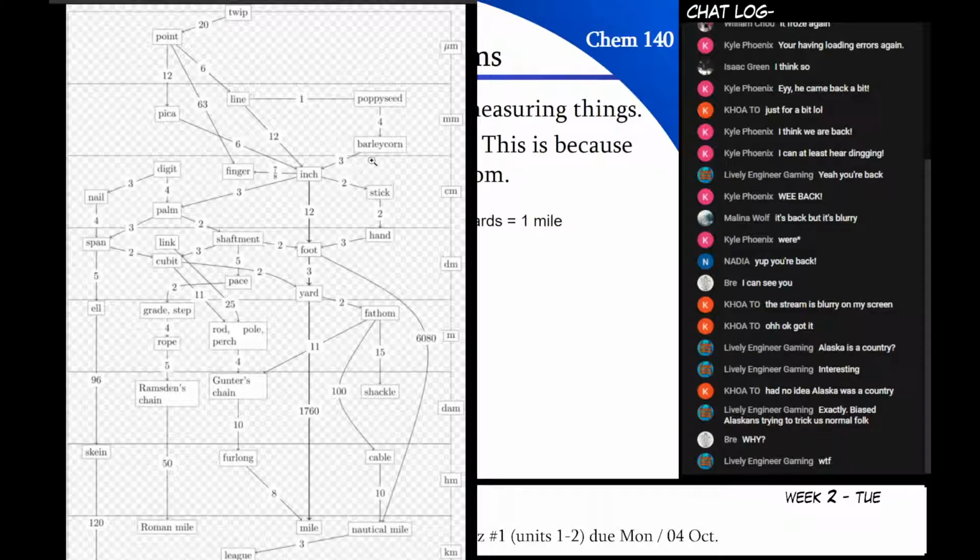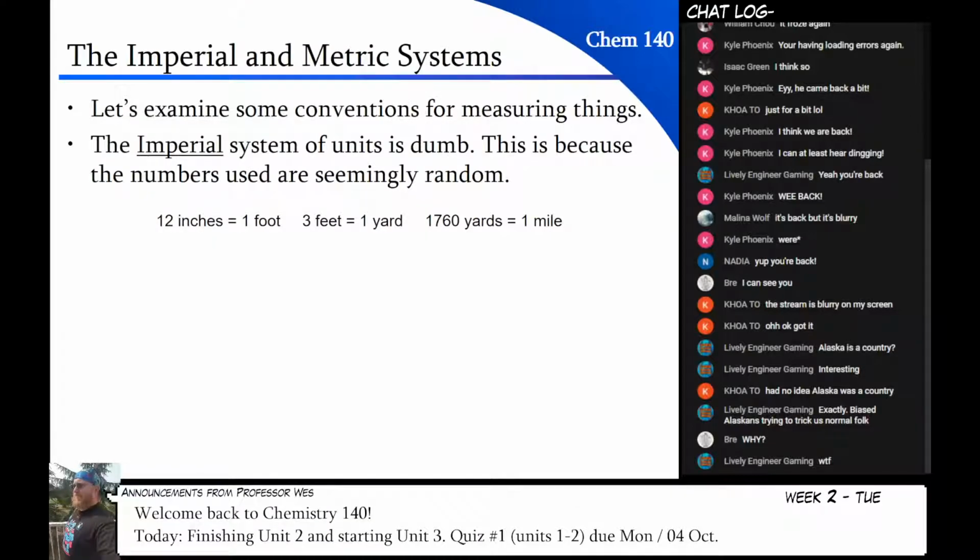Why are there 3 barley corn in an inch, but there's 4 poppy seed in a barley corn? And a line and a poppy seed are the same thing. Why? It's stupid. It's dumb. I hate it. Thanks, I hate it. That's the meme we should be using here, right? These numbers are stupid, and the people that made them up should feel stupid.